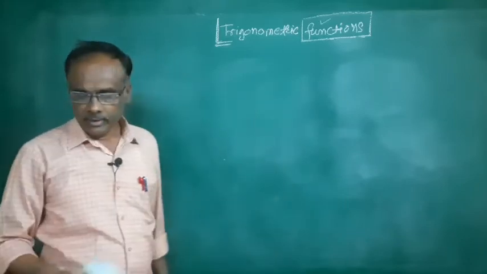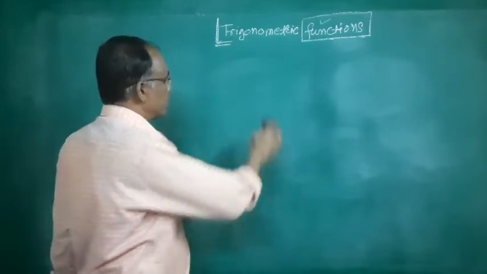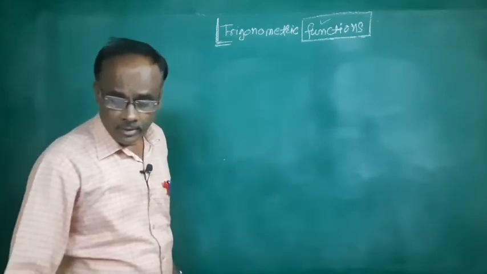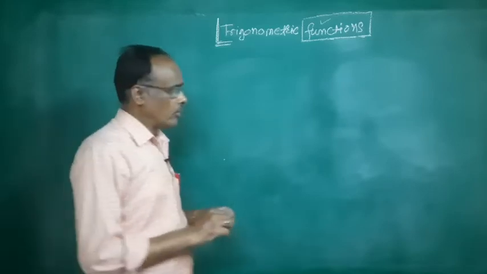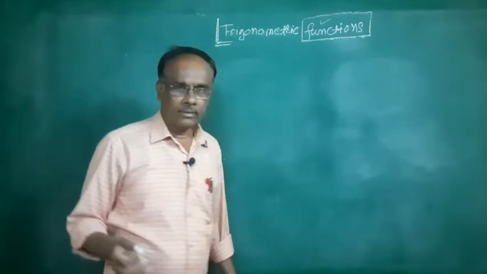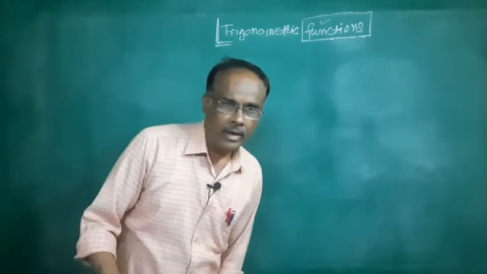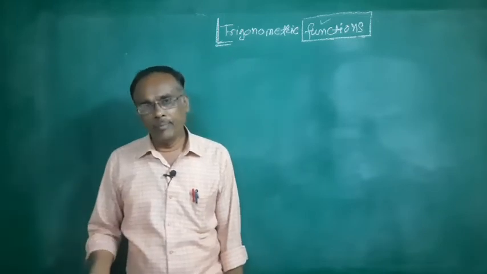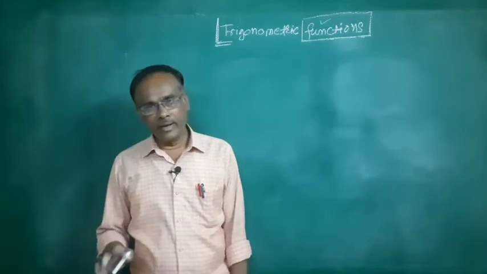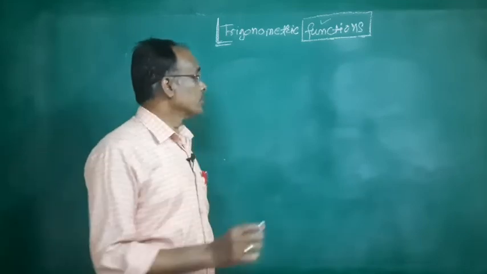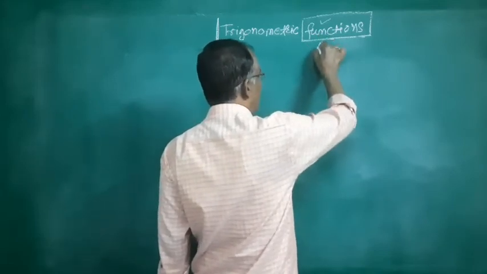We will extend the ratios to functions, and in this extension there is no limit on the value of the angle. The angle can be any degree angle, any radian angle, and that is how we extend it as a function.